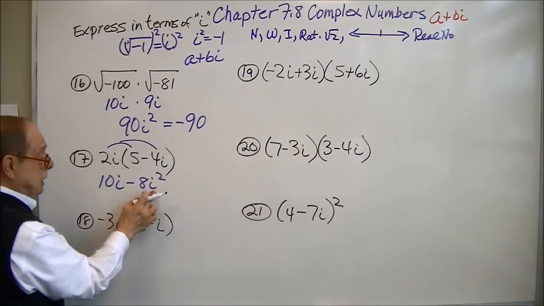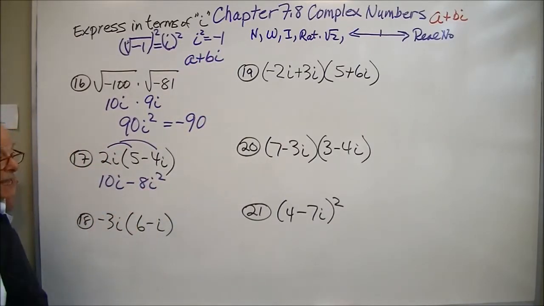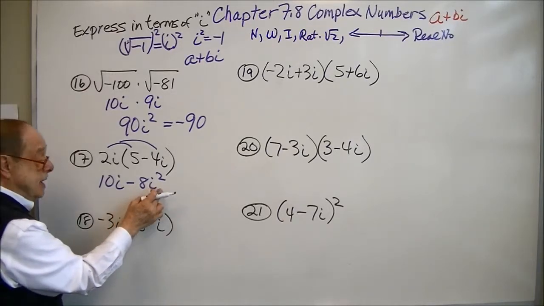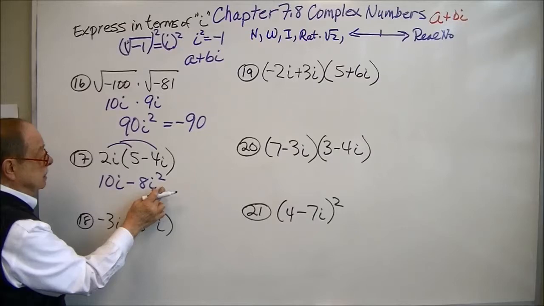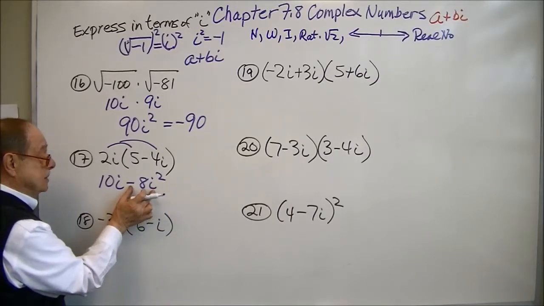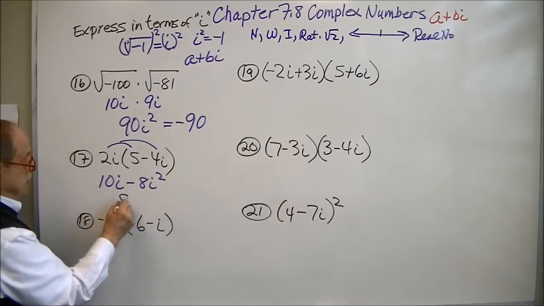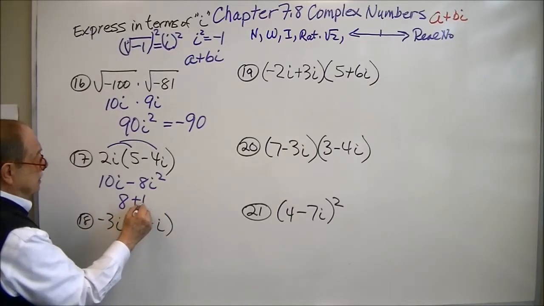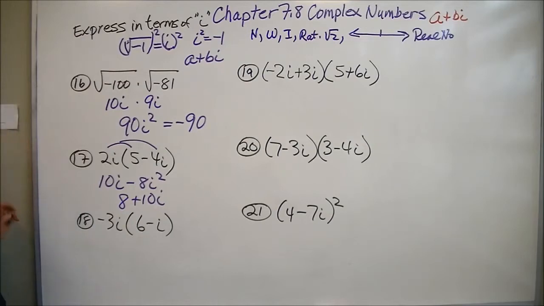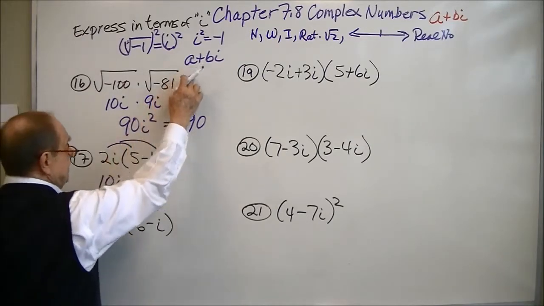And you never leave an i squared in an answer. So remember, i squared is a -1. So the opposite of a -8 is a +8. And there is your answer. Notice it's in standard form.